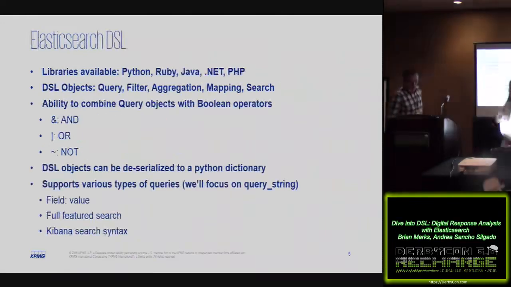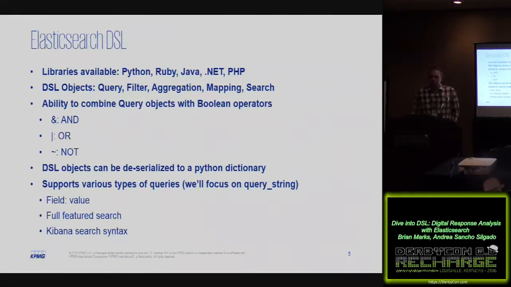A little bit of background on the Elasticsearch DSL and what makes it different from the Elasticsearch library. We're going to be using Python, but the same functionality is available in Ruby, Java, .NET, and PHP. DSL has a bunch of different objects.